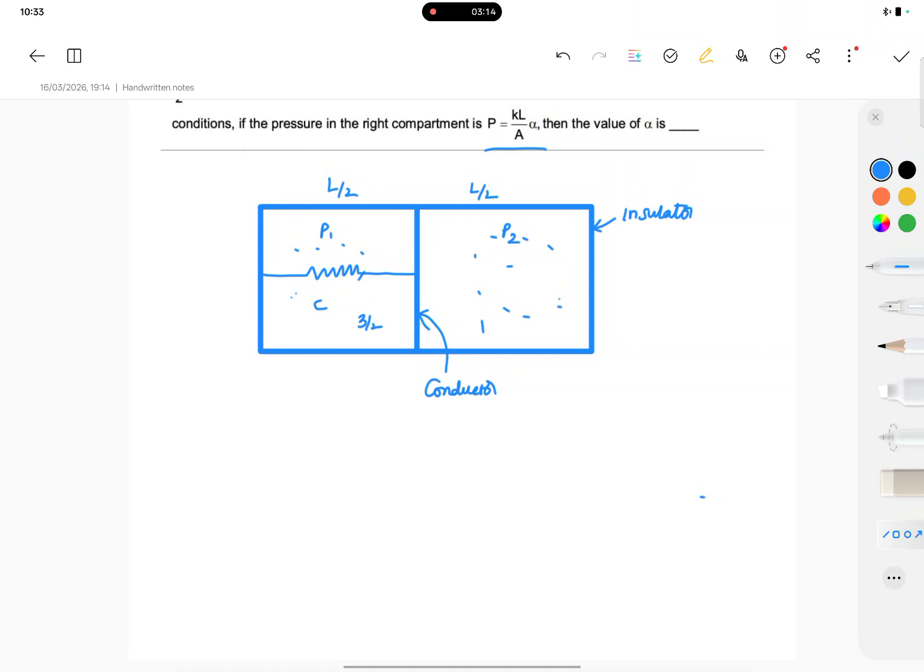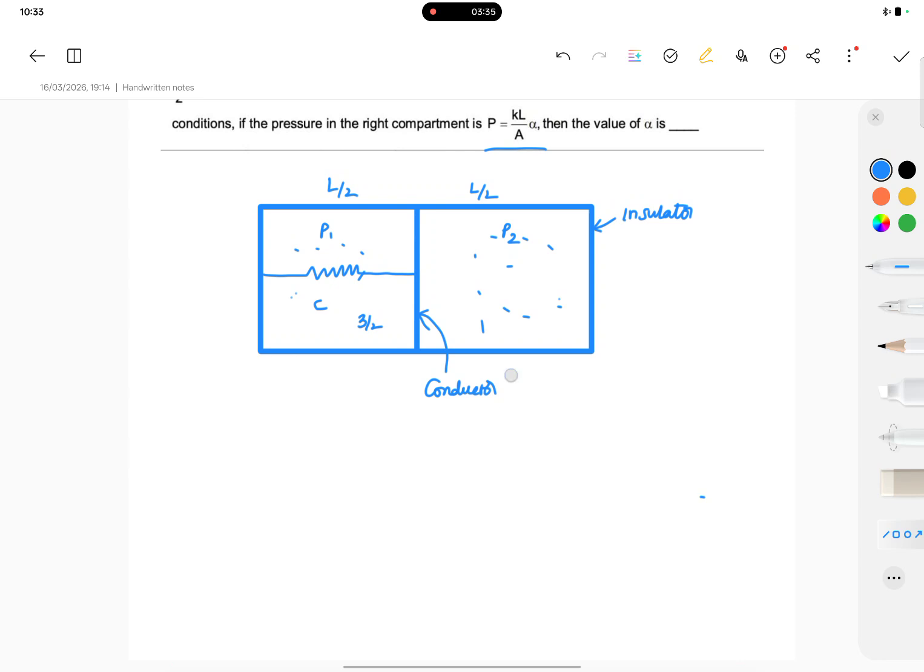So which process should be considered to get the equations? The equation must give the P2 value, because they ask you to find the pressure in the right container. So don't go in any other process.